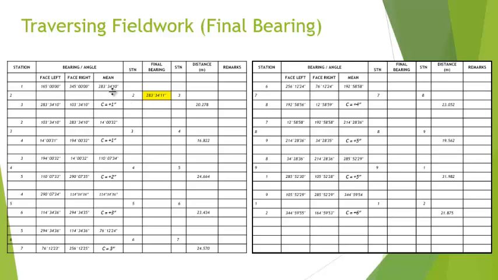Alright, so apply the corrections. Here we just use our brain, no need to use the calculator. 283 degrees, 34 minutes and 10 seconds here needs to be added with this 1 second, and this is the final bearing. Same process, always add up. Why? Because this value is less than the datum, so we need to add the value of corrections.